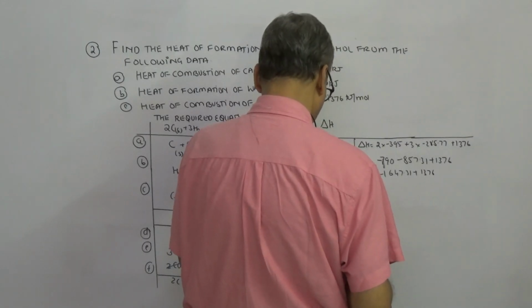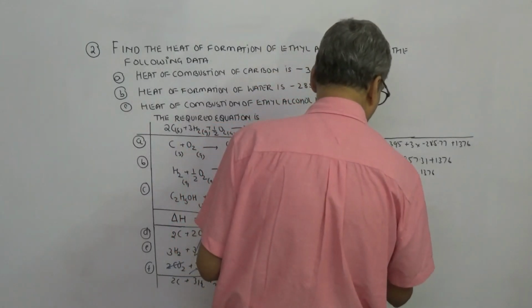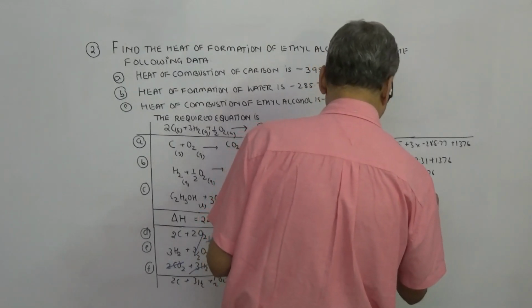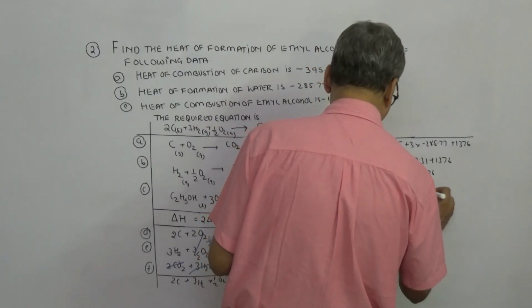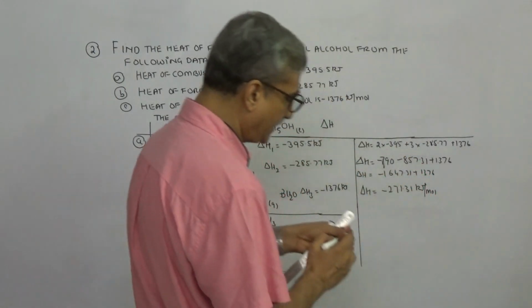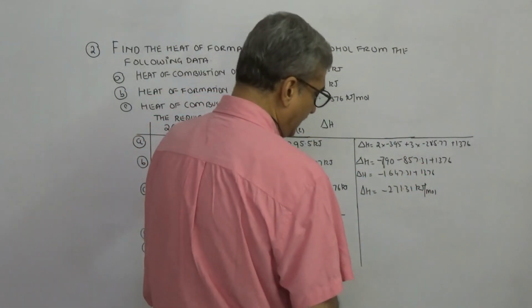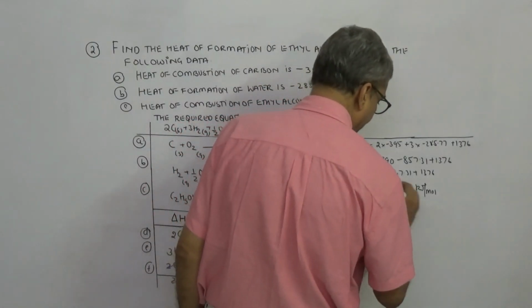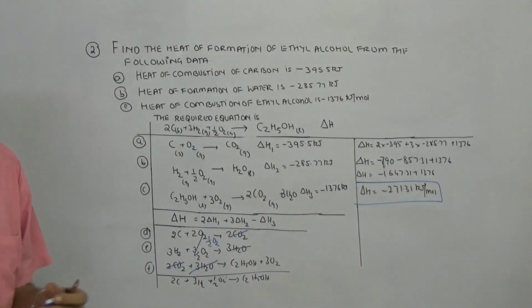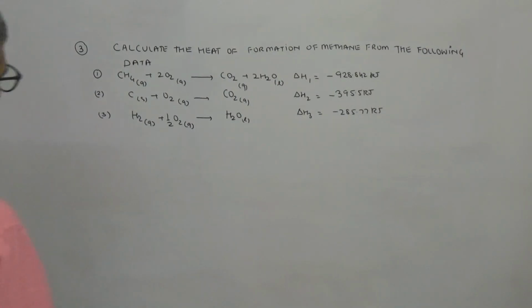So delta H value will be minus 271.31 kilojoule per mole. So this is how we get an answer to these kind of sums. I will highlight the answer. Is this clear?